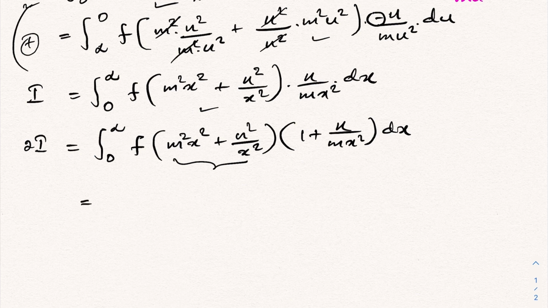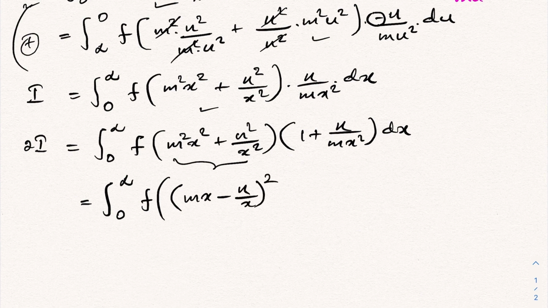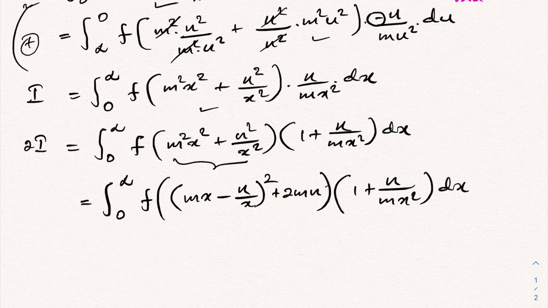So we can write the integral from 0 to infinity of f of (mx minus n over x) perfect square, plus 2mn, then 1 plus n over m times x square dx.